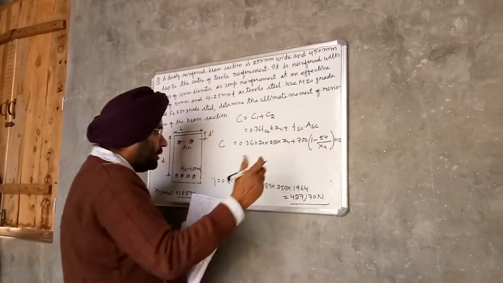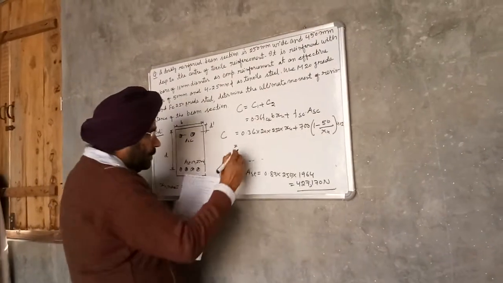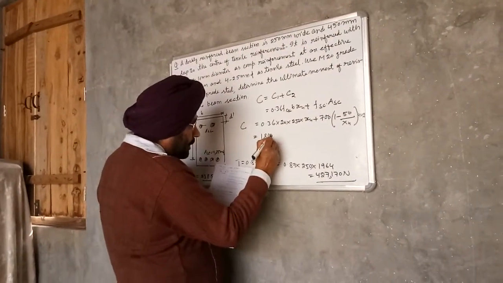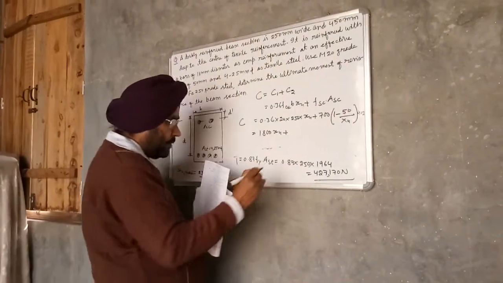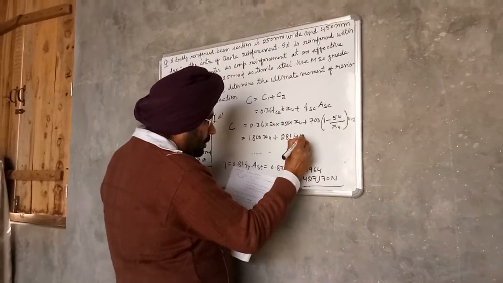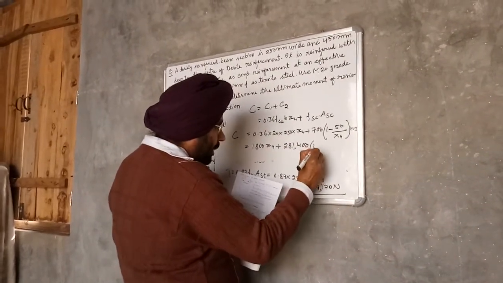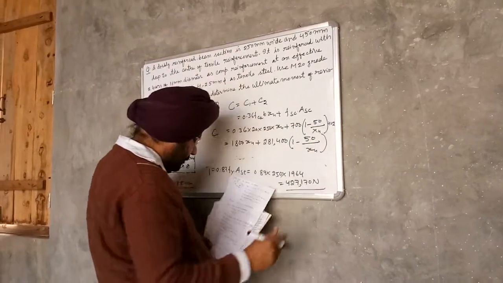By solving this we get the total compressive force C is equal to 1800 XU plus 281,400 into 1 minus 50 upon XU.